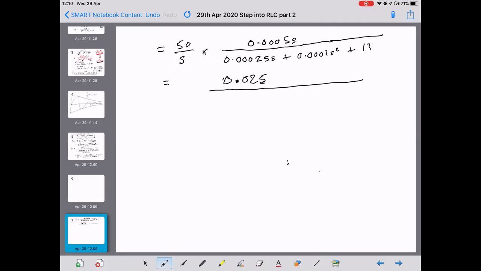Or do you want me to write it in? So 0.0025s plus 0.0001s squared plus 1, because the s top and bottom cancel out.